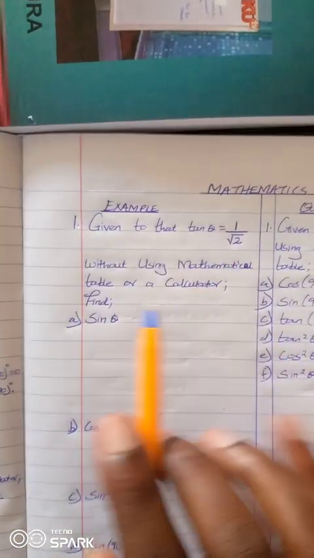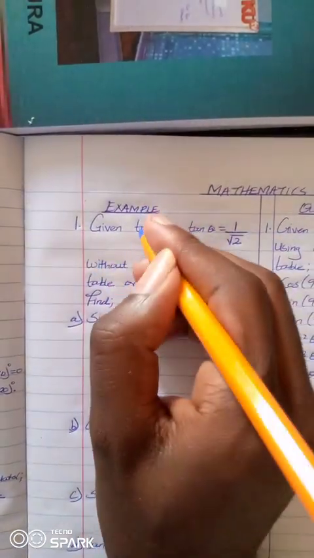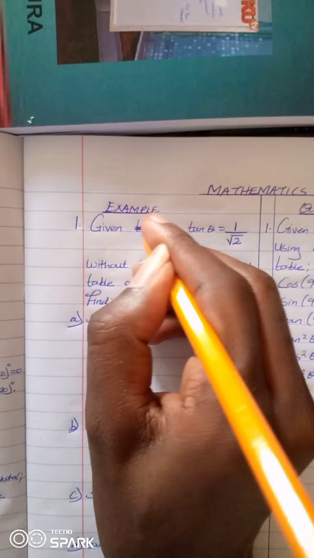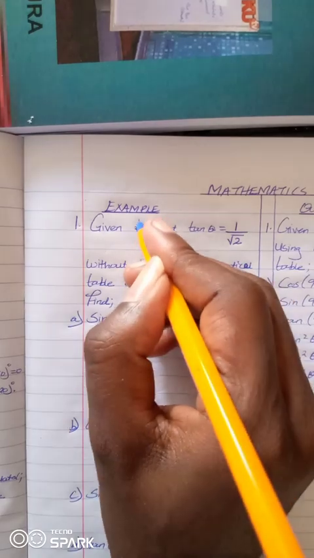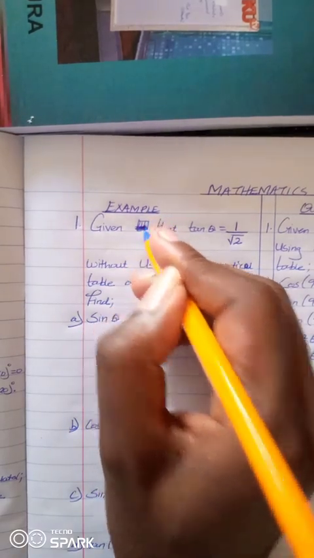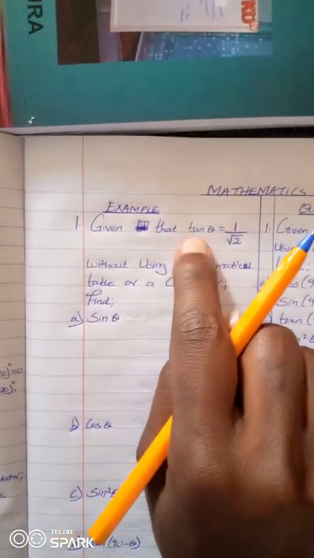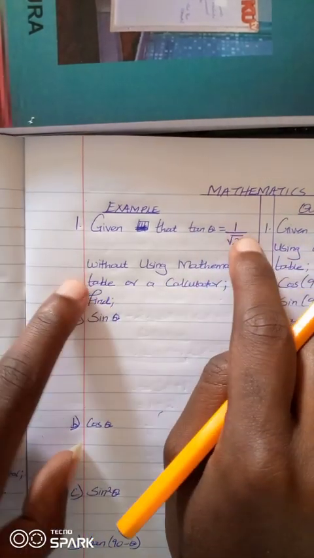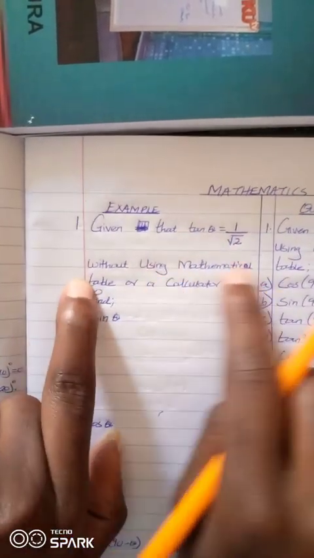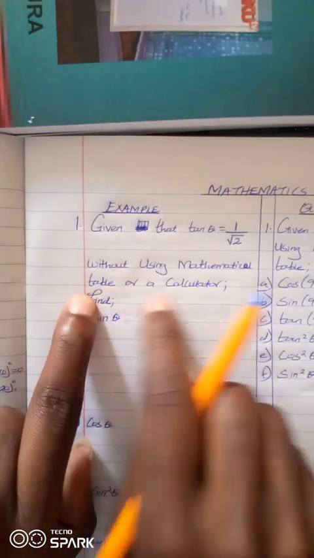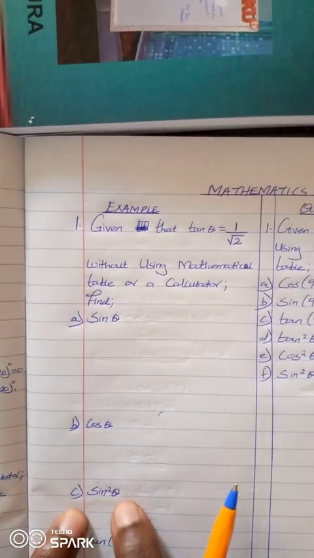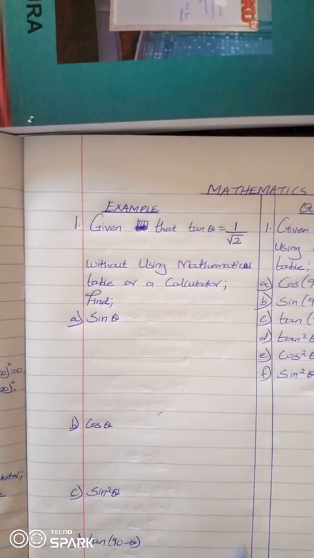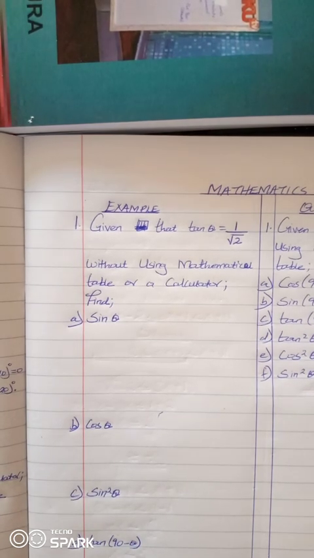Example. Given that tan theta is equal to 1 over root 2, without using mathematical tables or a calculator, find sin theta, cos theta, sin squared theta, tan 90 minus theta, sin 90 minus theta, and cos squared 90 minus theta.